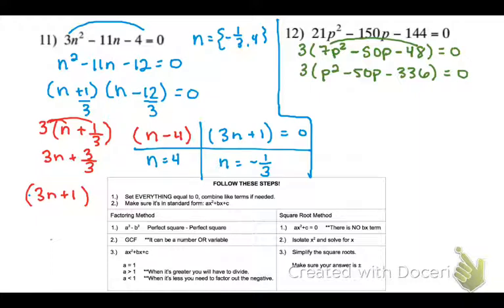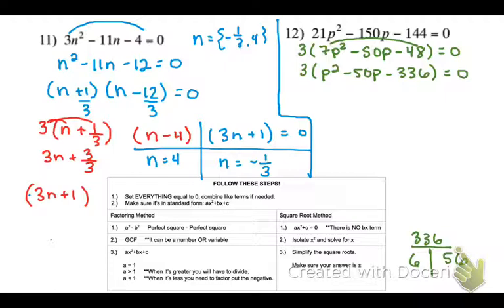Alright, from here, I see that now your a is equal to 1. Now that your a is equal to 1, you're going to try and factor it. Your a times your c again gives me 336. If I multiply 6 and 56, that gives me 336.